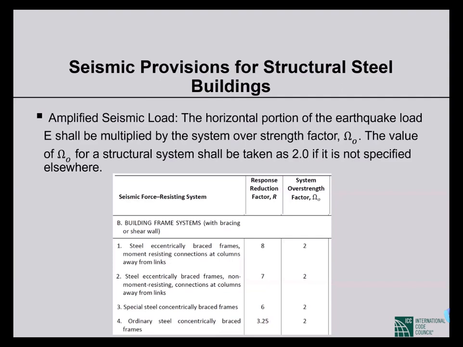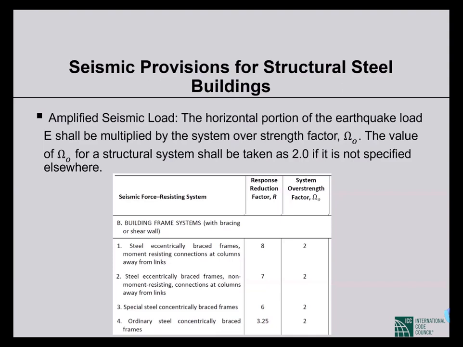Steel systems are so versatile that we may even get some new system for which there is no value mentioned in the table. So for new types of steel structural systems, if we don't have any reference, then we can by default take omega naught as 2.